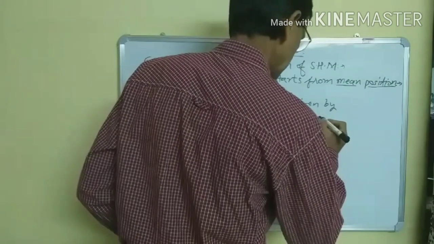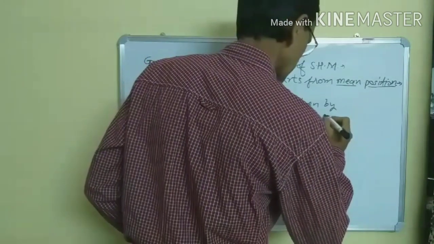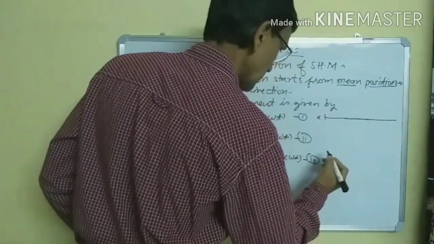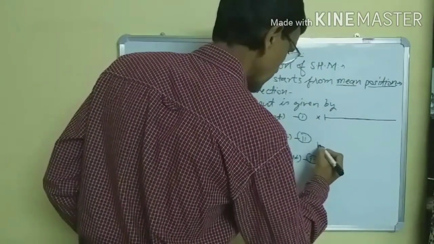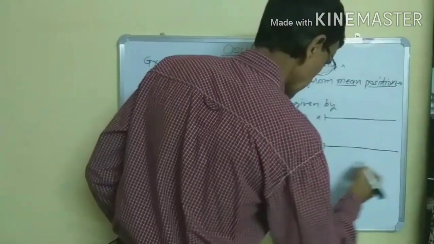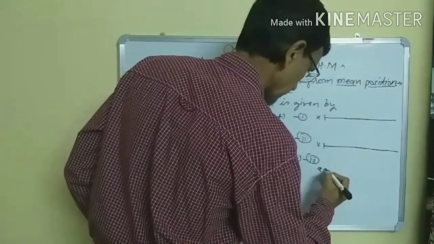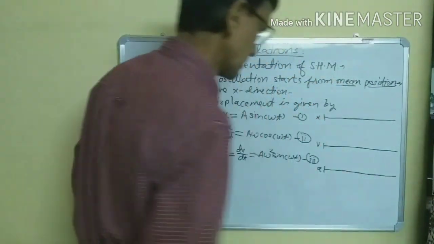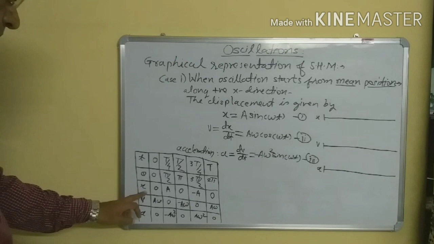We represent displacement along this x-axis. Similarly, the graph of velocity is obtained here, and the graph of acceleration A is obtained here. So we can draw the graph.